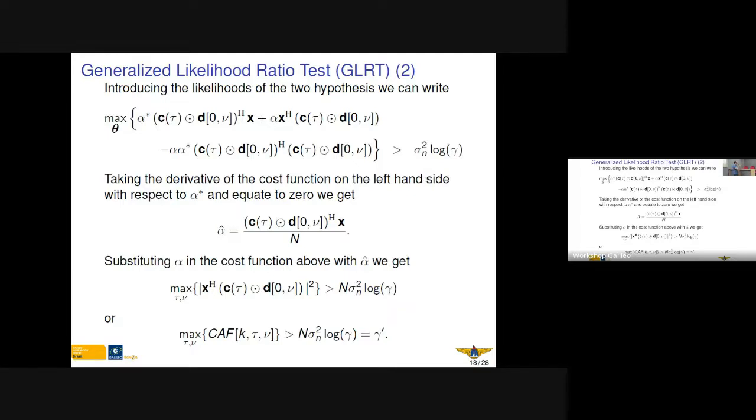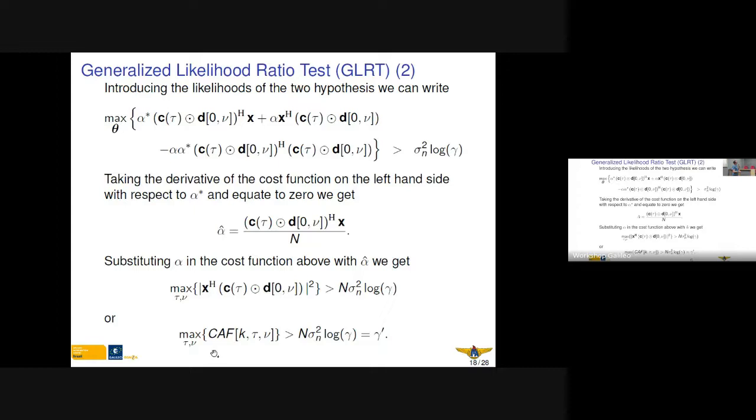Again, taking the derivative and so on and plugging that into our problem, we arrive at this final problem. On the right-hand side we have the threshold, gamma prime, and on the left-hand side we have the maximization problem.